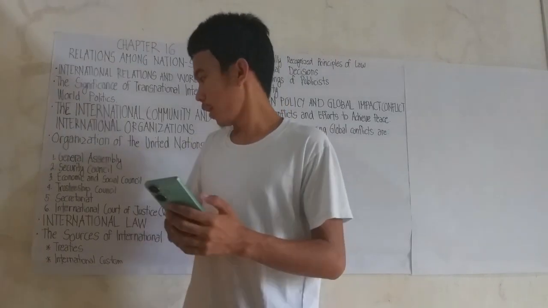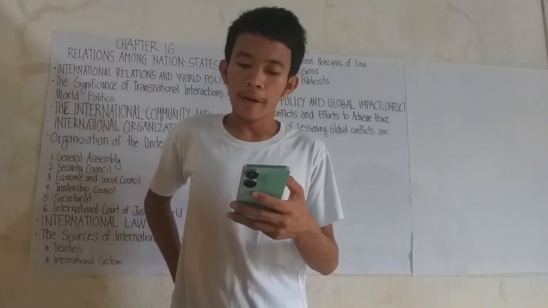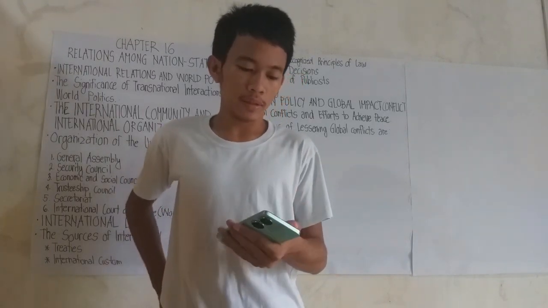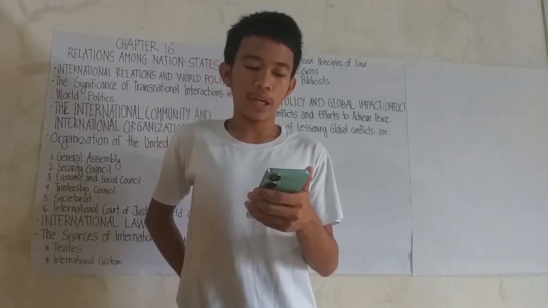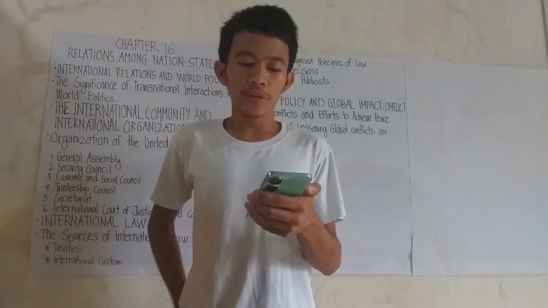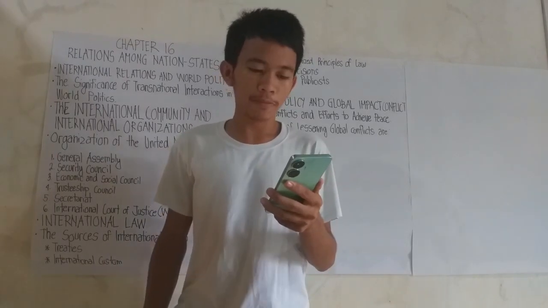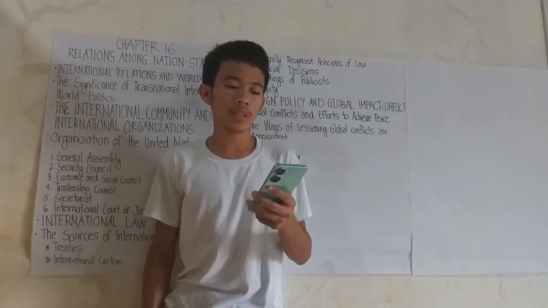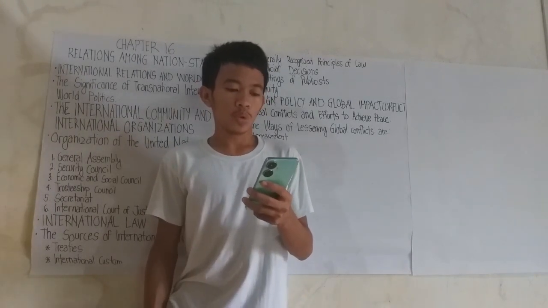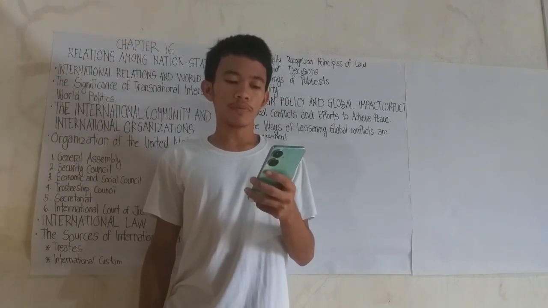The International Court of Justice consists of 15 judges who are elected by the UN General Assembly and the Security Council for 9-year terms. These judges are chosen from different countries to ensure representation from various regions of the world.